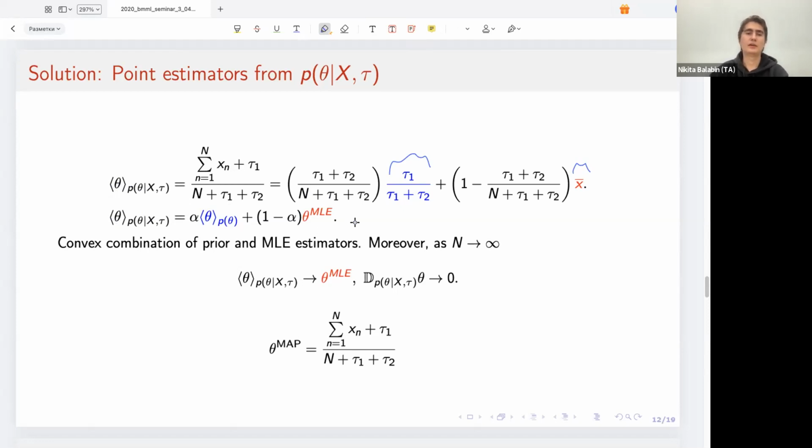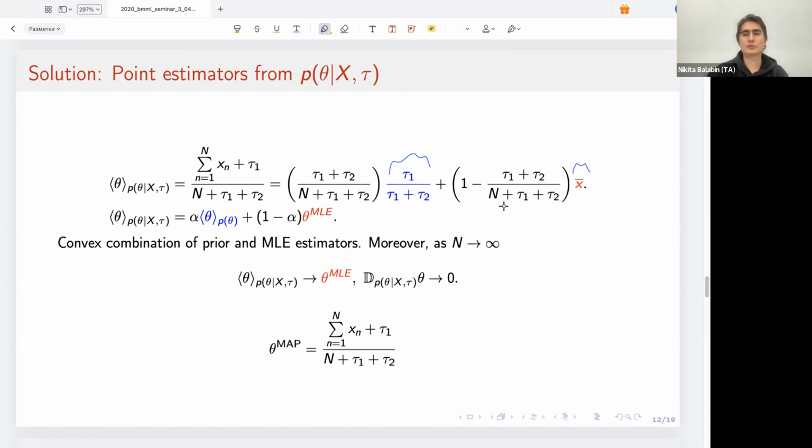So it is a very interesting property, and at the end of the seminar, we will try to prove it in a more general case. And also here we can see how we initially had such an observation. If we have more data, then the posterior estimation is closer to the maximum likelihood estimation.